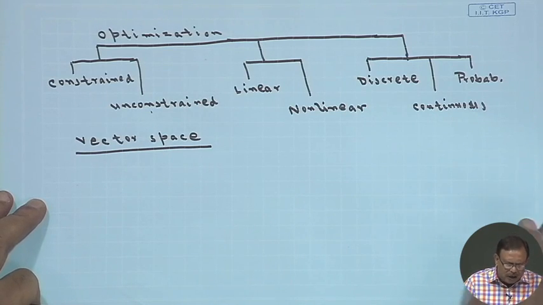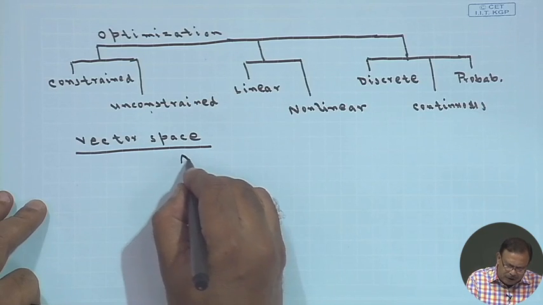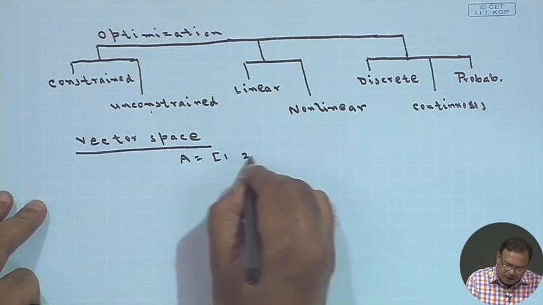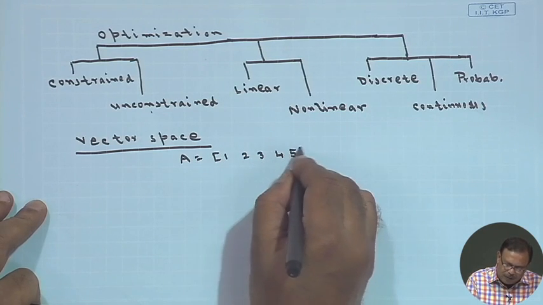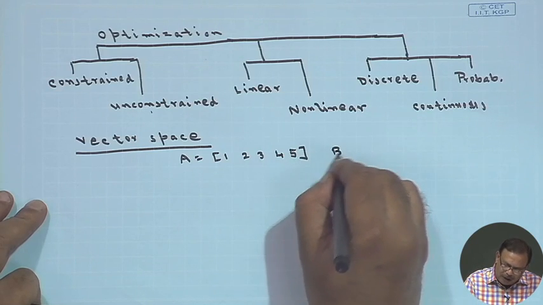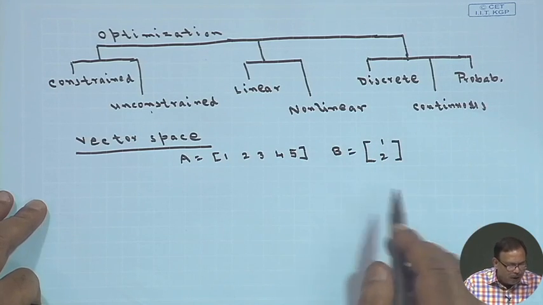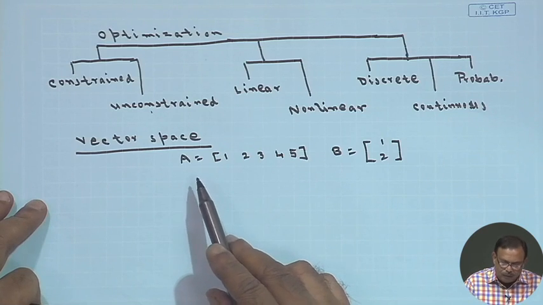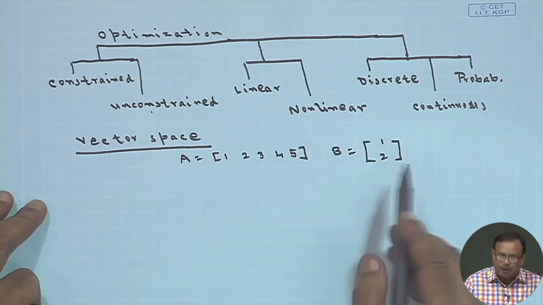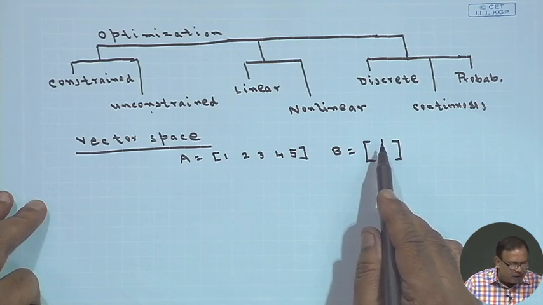Whenever you are writing a matrix, sometimes you write a matrix like this 1, 2, 3, 4, 5, or sometimes you write a matrix that is 1, 2 also. So, the first one is a row vector, we call it, the second one is a column vector.